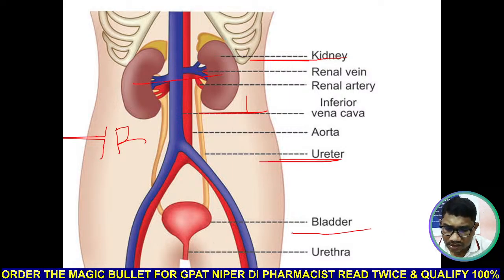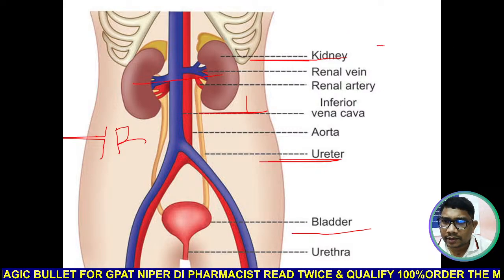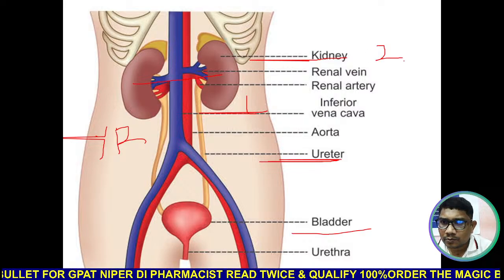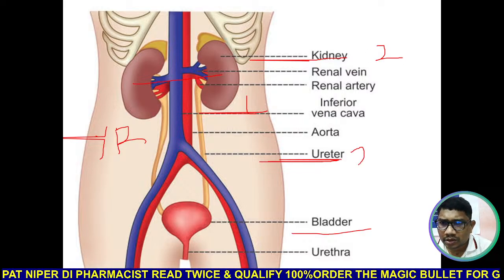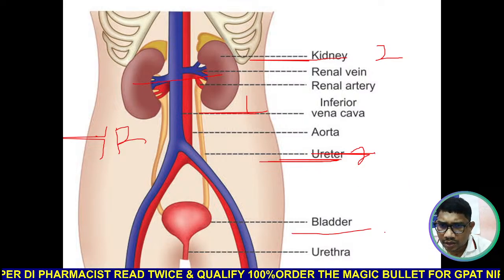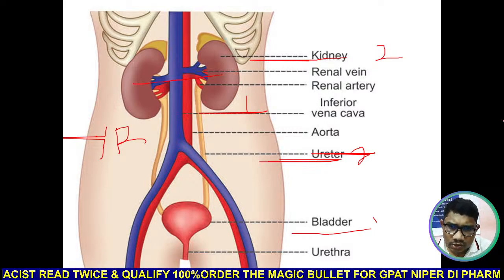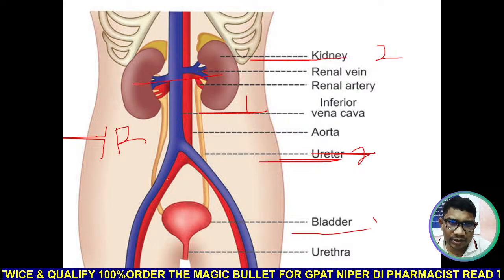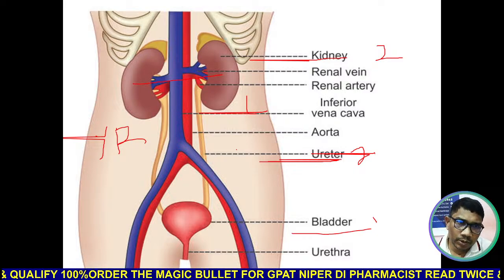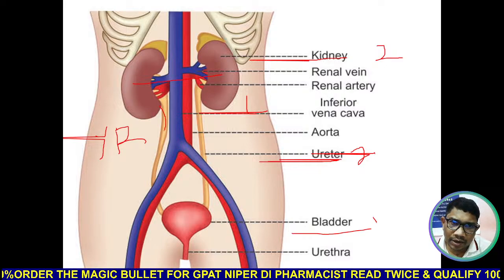So in the urinary system you have 2 kidneys, 2 ureters, 1 urinary bladder. The ureter is like a muscular tube that will carry urine from the kidney to your bladder.